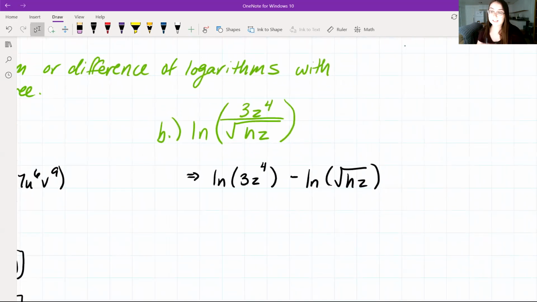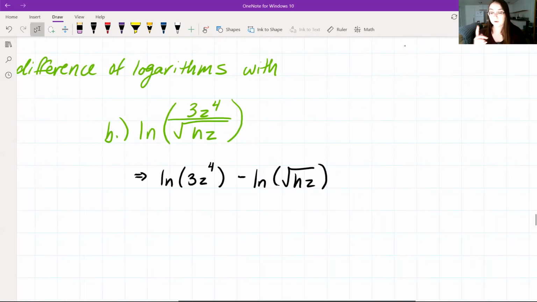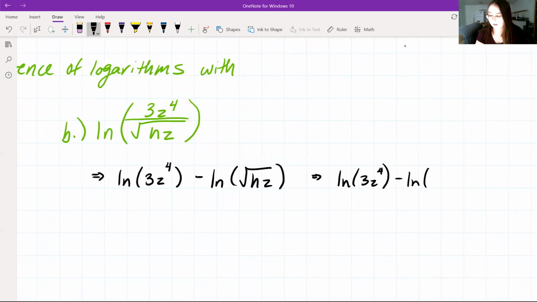We see that technically both of these terms have exponents, since we know that we can rewrite our square root as the power of 1/2. So let's do that first. So we'll keep the natural log of 3 times z to the 4th power. And then this becomes minus the natural log of h times z to the 1/2.